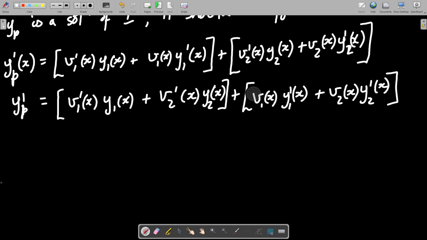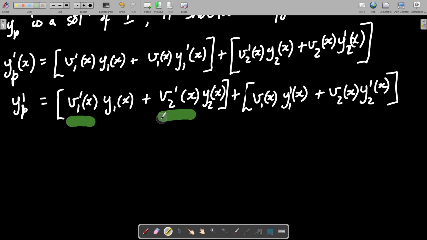Okay, now before going ahead, I have to take the second derivative also of this expression, and I have to get yp double prime, right? If I take the double prime directly now, I'll end up with v1 double prime and v2 double prime.